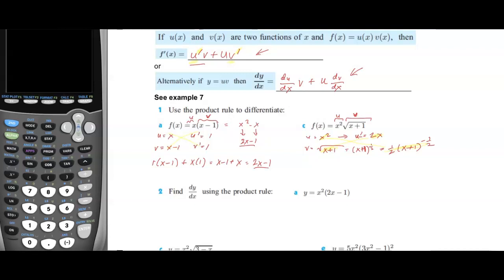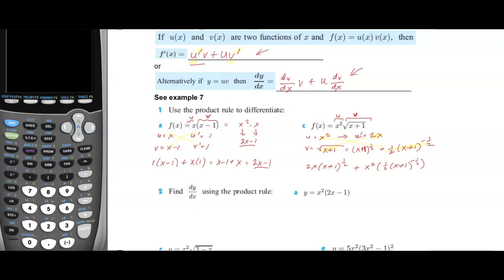So what do we get? We're going to have 2x times square root of x plus 1 plus x squared times 1/2 x plus 1 to the negative 1/2. Can we simplify that?